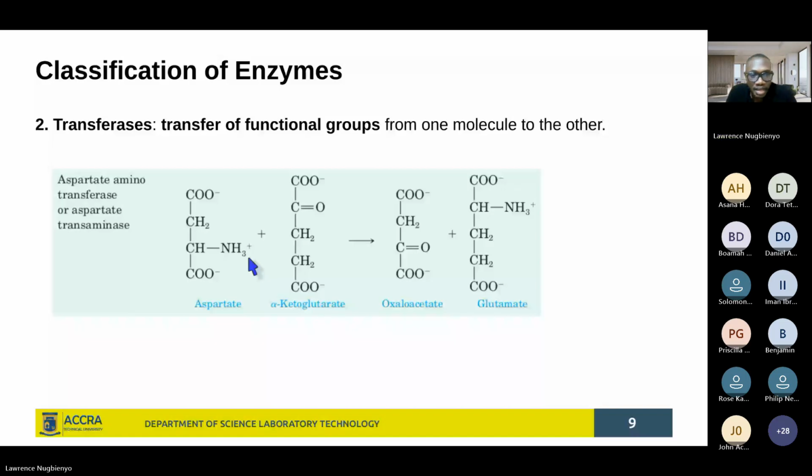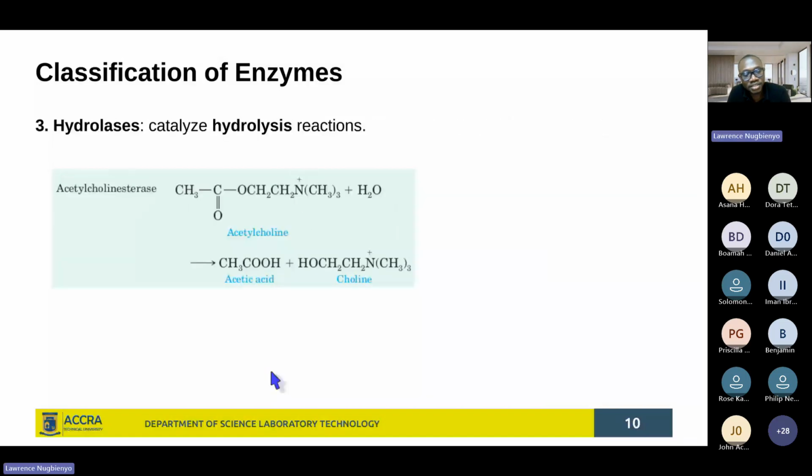All right. Then the third group is hydrolases, hydrolysis. So hydrolases will catalyze what we refer to as hydrolytic reactions or hydrolysis. And an example is acetylcholine esterase.